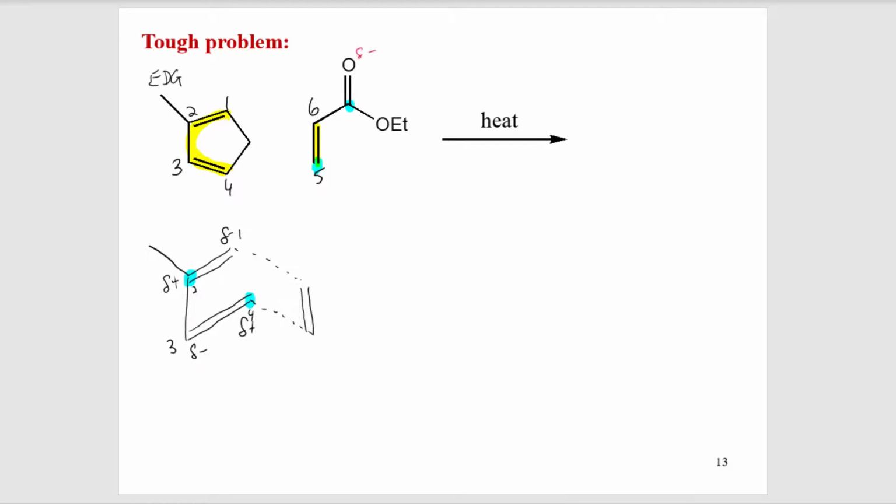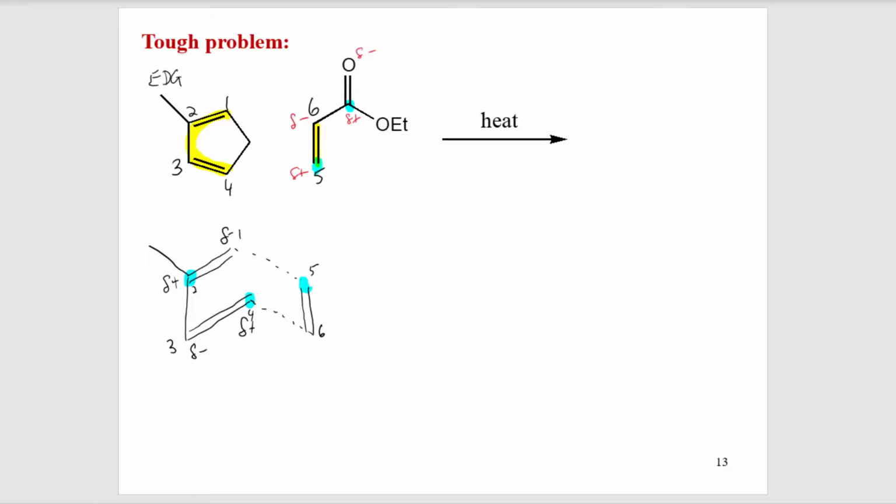So partially negative, partially positive, and by extrapolation, partially negative, partially positive. So I want carbon 5 to be associated with carbon 1. I don't want it to be with 4. 4 is already positive, so I need to make it so that carbon 5 and 6 align just like so.